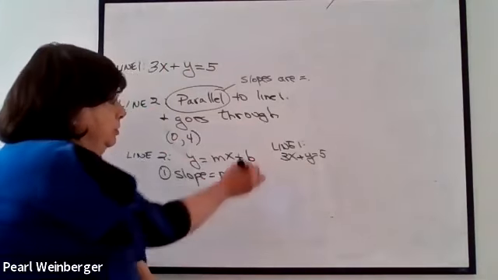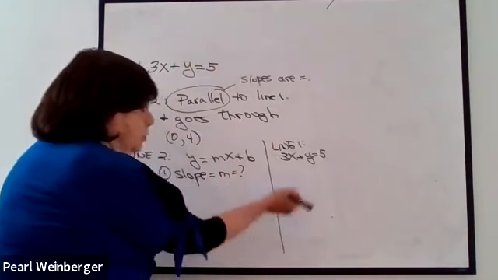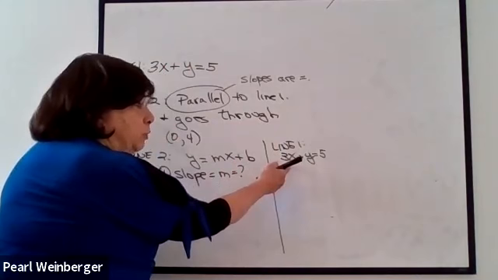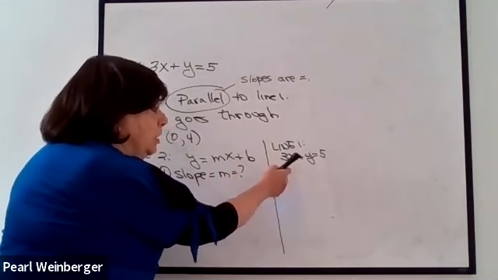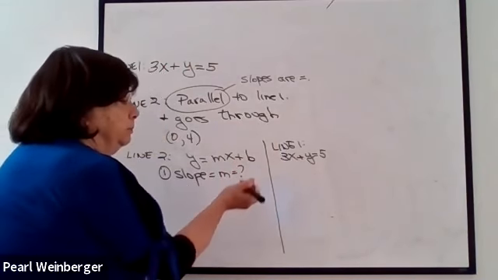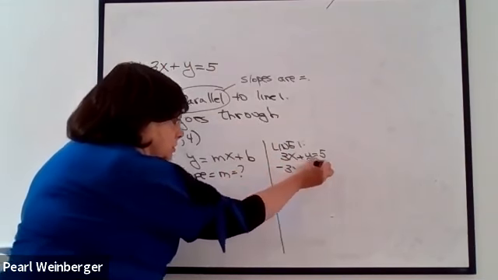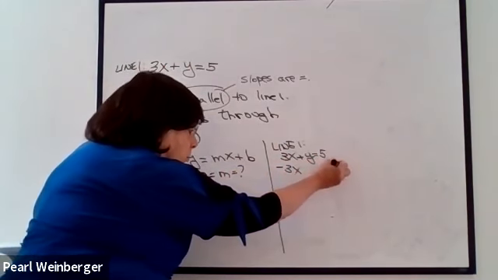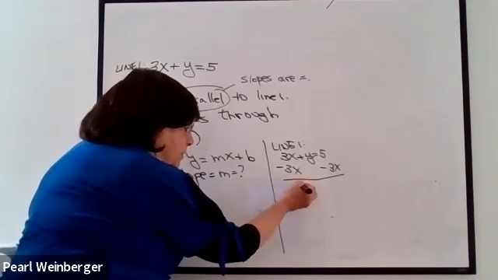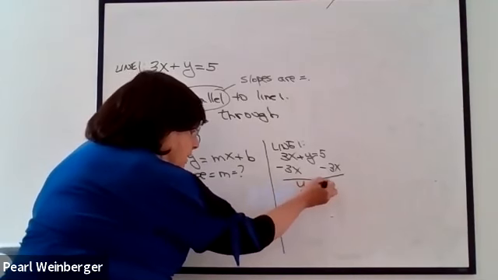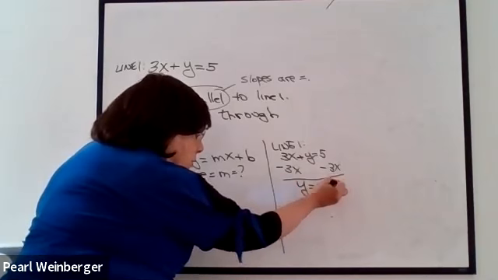Well, if I go to this line 1, the way I can find the slope is by putting that line 1 into y equals mx plus b form. In other words, I have to bring this 3x to the other side. So that gives me y equals negative 3x plus 5.